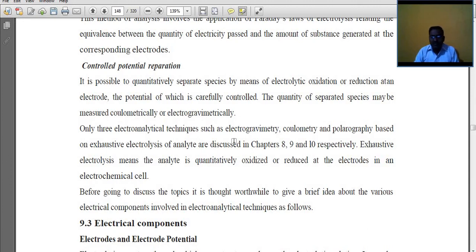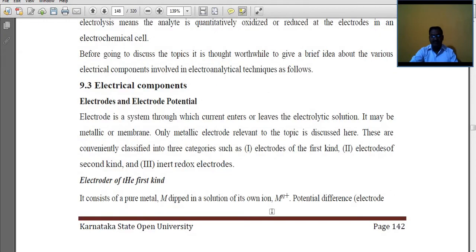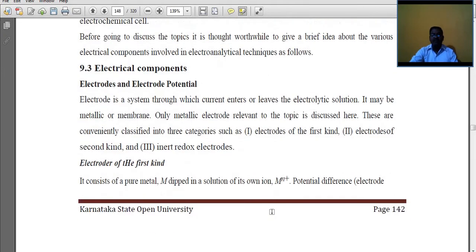Before going to discuss the topics, it is worthwhile to give a brief idea about the various electrical components involved in electroanalytical techniques. Among these, the electrodes and electrode potential.